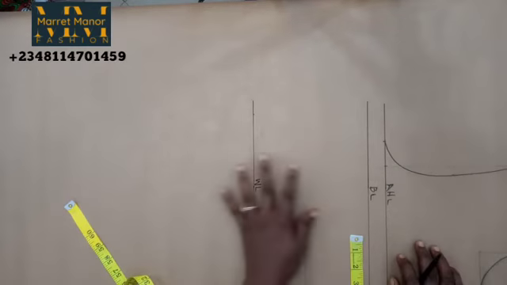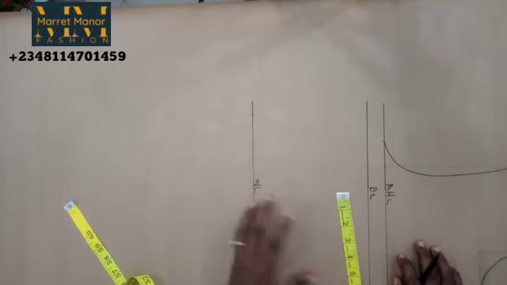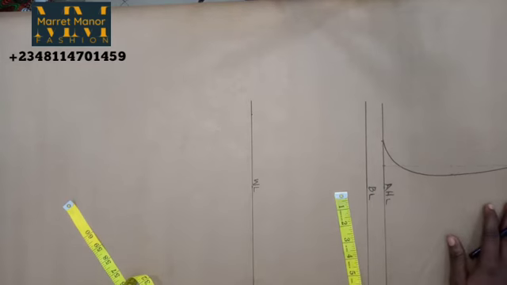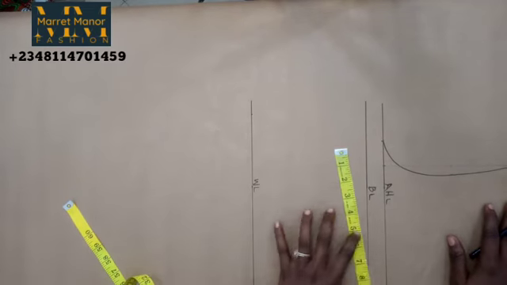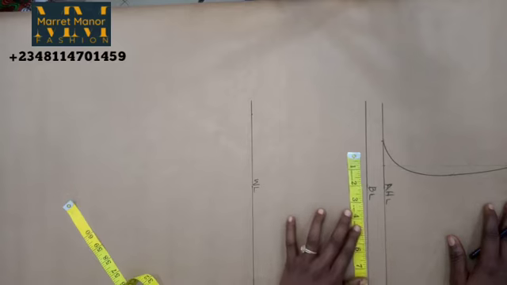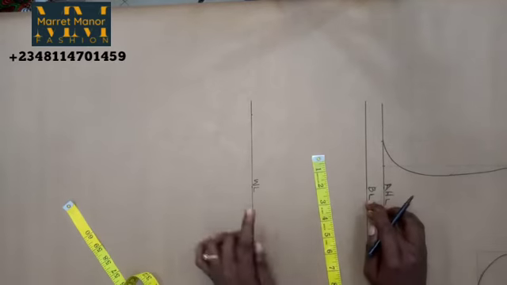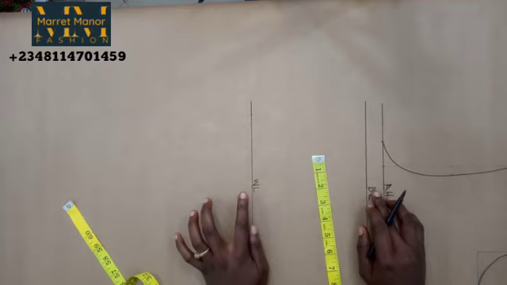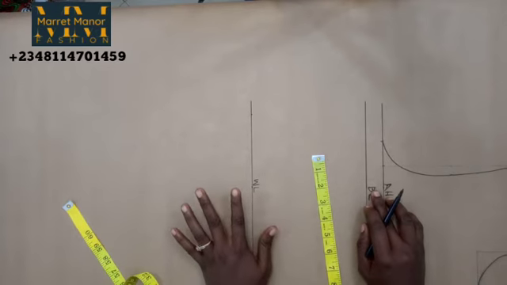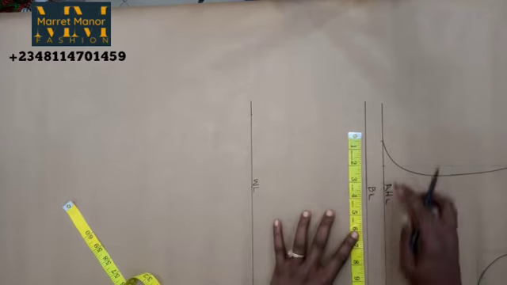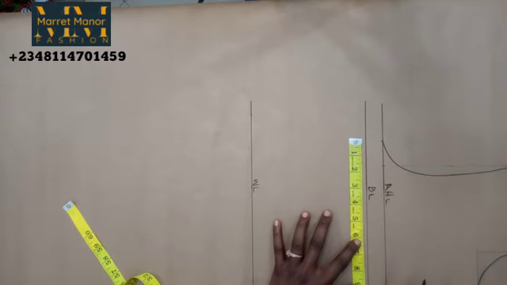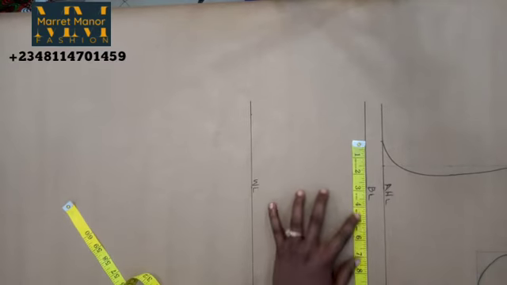So the first thing you want to do, or the next thing you're going to do after doing the upper area, is to put in your bust measurement on the bust line and the waistline. So whatever your bust measurement is, you're going to divide it by 4. I already did that on my armhole line, so I'm going to do that again on the bust line.